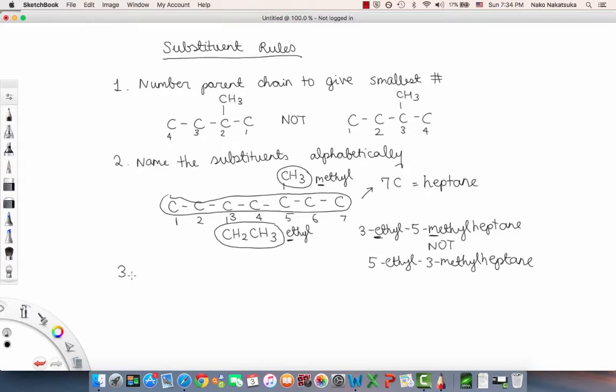So rule number 3, prefixes that indicate the number of substituents are not included in the alphabetizing.